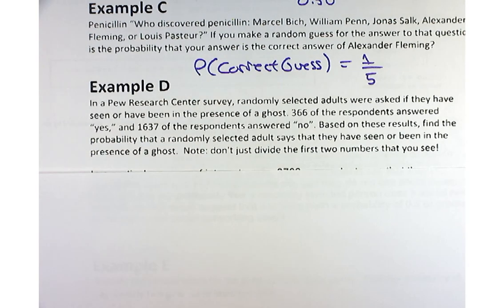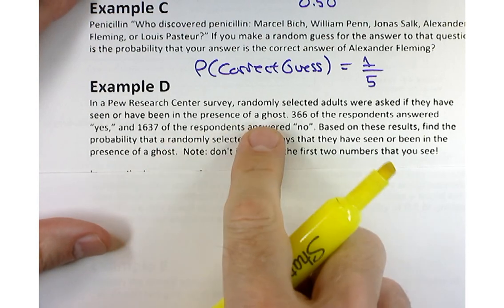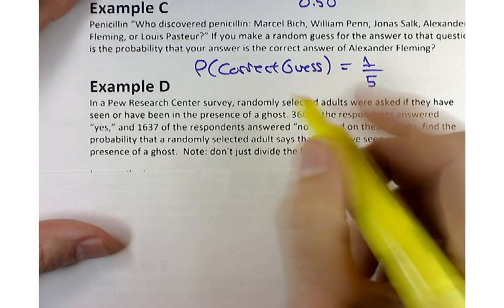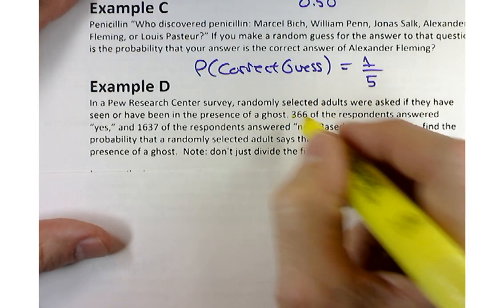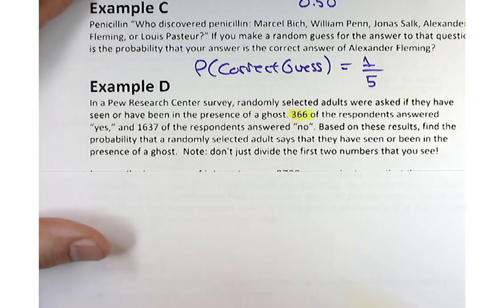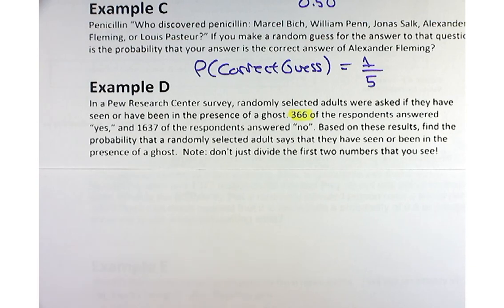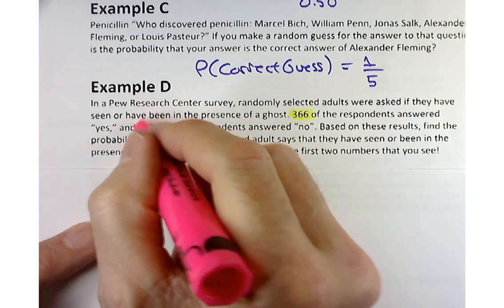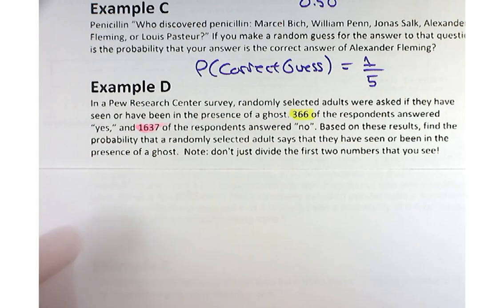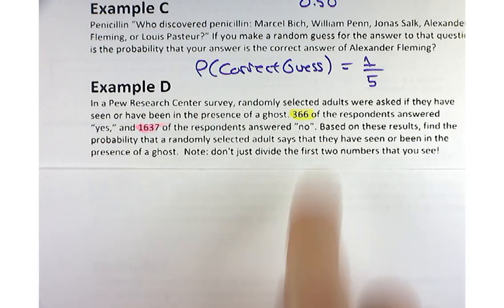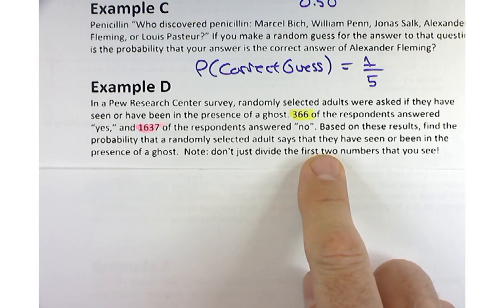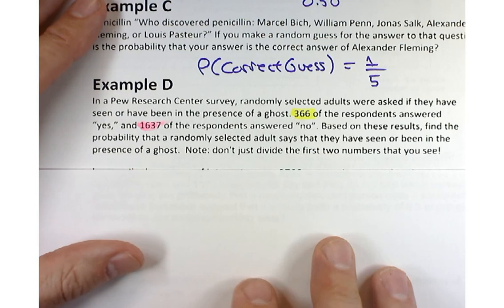They randomly selected adults that were asked if they have seen or have been in the presence of a ghost. 366 of the respondents answered yes, and 1,637 answered no. Based on the results, find the probability that a randomly selected adult says that they have seen or been in the presence of a ghost.